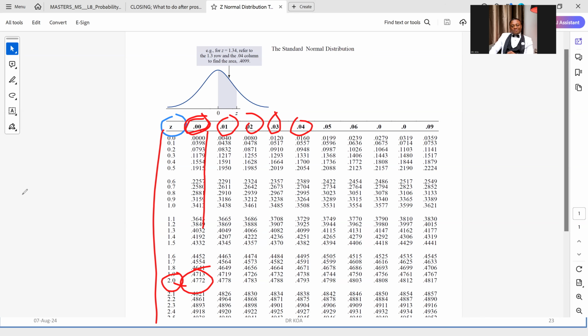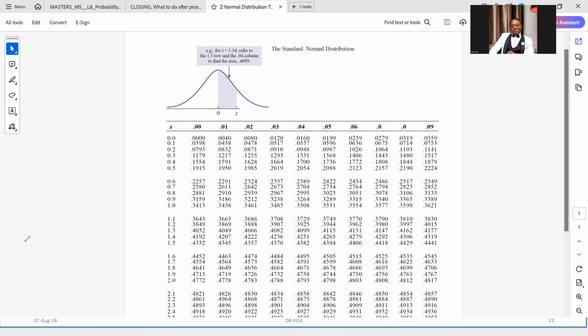Sir, can you please go over that again? What you do is that once you know the z value, you come here and identify that z. The column is z. You look for the number. The number is always supposed to be in 2 decimals. In our case, the number was 2, and then we made it 2 decimals, so you got 0, 0. So you first come and look for the 2. Here you have 0.1, 0.2, 0.3, 1, 1.2, and then finally you get to 2.